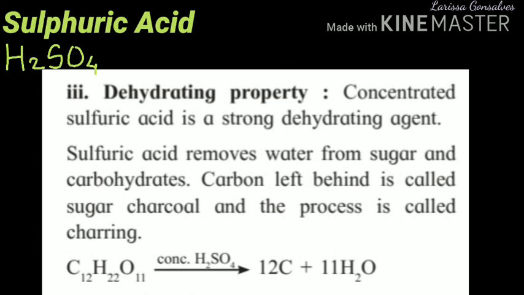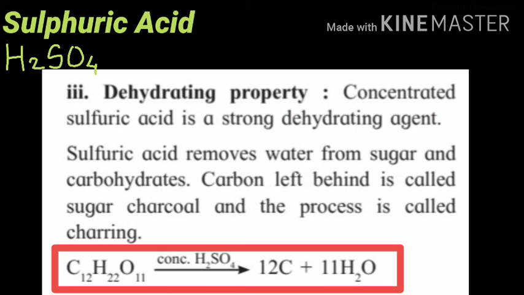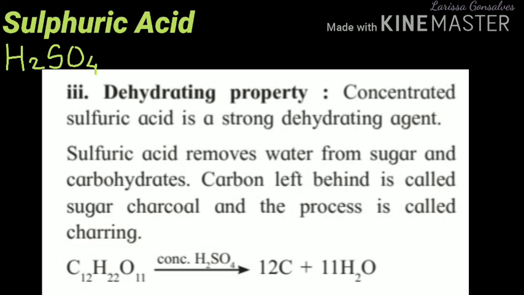Carbon left behind is called sugar charcoal and the process is called charring. So here we are taking the example of sucrose, which is a sugar, and we are treating it with sulfuric acid, which gives us the formation of 12 atoms of carbon. So this carbon which is formed here is called sugar charcoal along with 11 molecules of water.